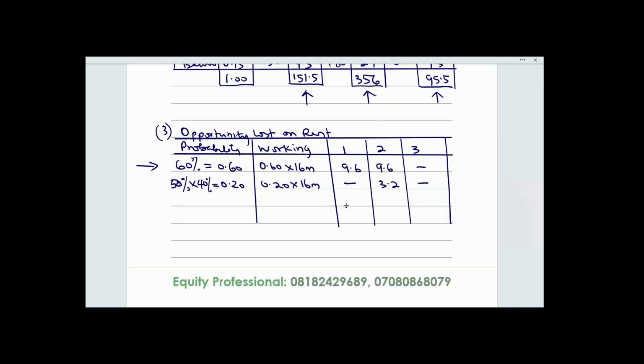Now, when you look at the probability in this table, our probability is just 0.8. 0.6 plus 0.2, that's 0.8. So our probability is not balanced. Therefore, to make your probability balance, you then say 50% of the balance of 20%, multiplied by 40. This will give us 0.20. With this, your probability is now equal to 1.